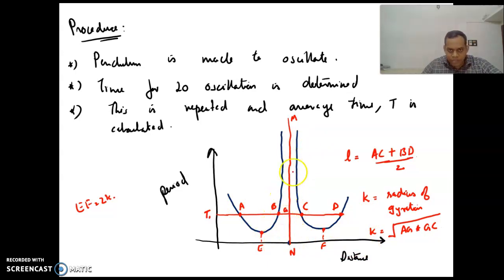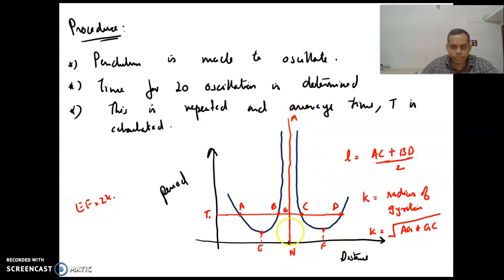The center of gravity of the bar pendulum will be determined by balancing on a knife edge, and the distance of the center of gravity from the end A will be measured. A line perpendicular to the x-axis is drawn.